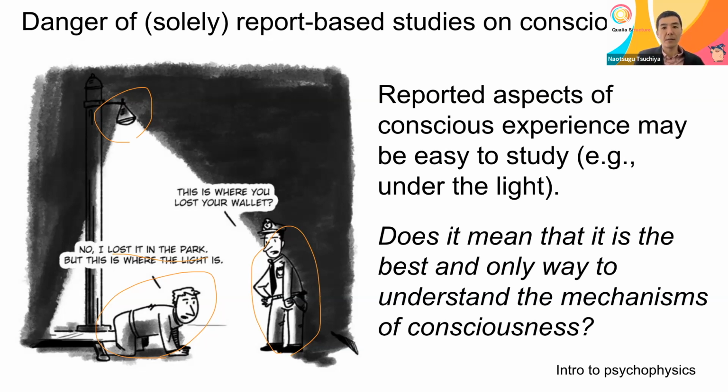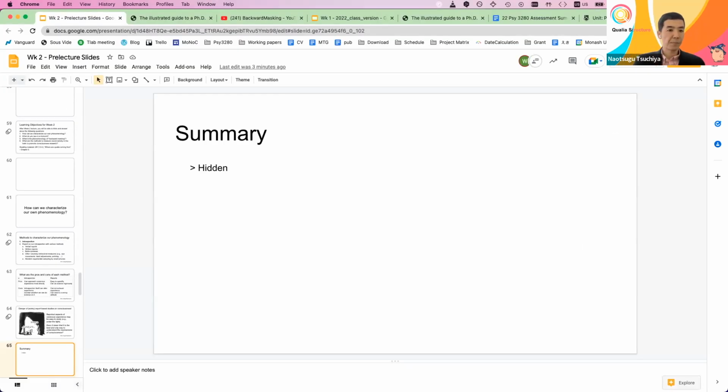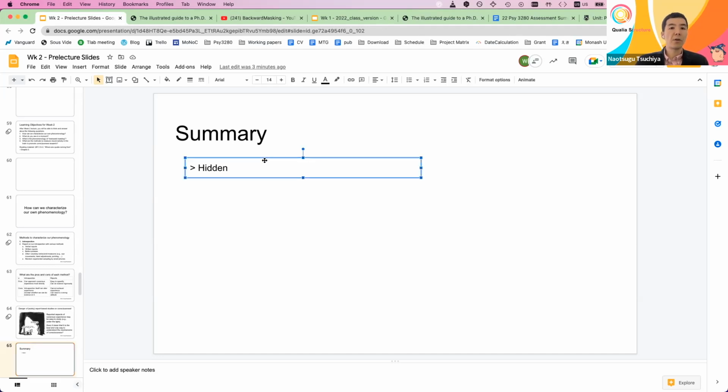Okay, so let's move on and say something more. Maybe I'll just say, in terms of summary, what I've been saying to you is that there are many ways to characterize the phenomenology, and introspection is a good and nice starting point.